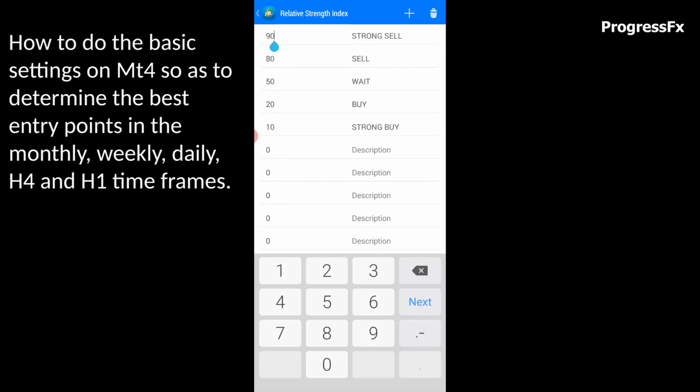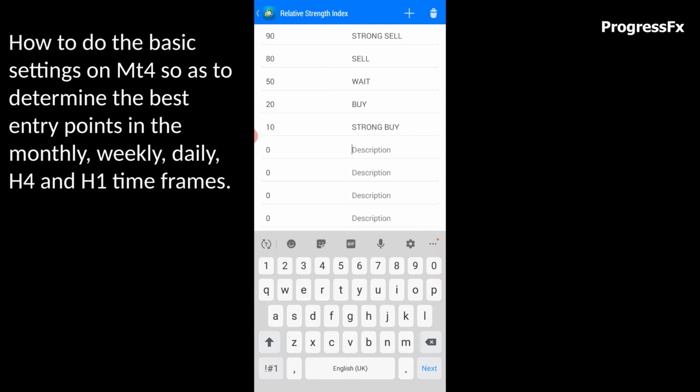So you tap here to add the numbers, you type 90, then in this place you tap strong sell, then 80 to sell, 50 to wait, because I don't want to repeat typing these numbers in order to make the video very short like I promised. 20 to buy, then 10 to strong buy.